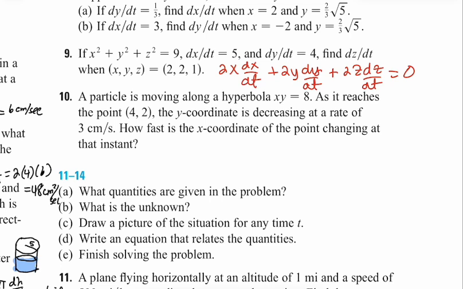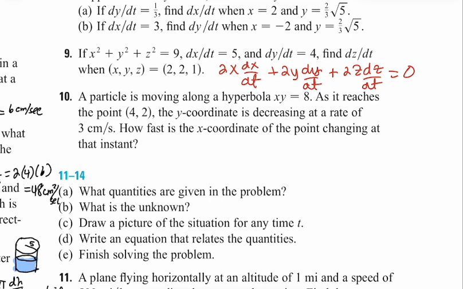Now, you can divide through by 2 because all the pieces are divisible by 2 right off the bat. So if you want to make your equation x dx/dt plus y dy/dt plus z dz/dt equals 0, you can do that right off the bat. Then you don't have those 2's to deal with.